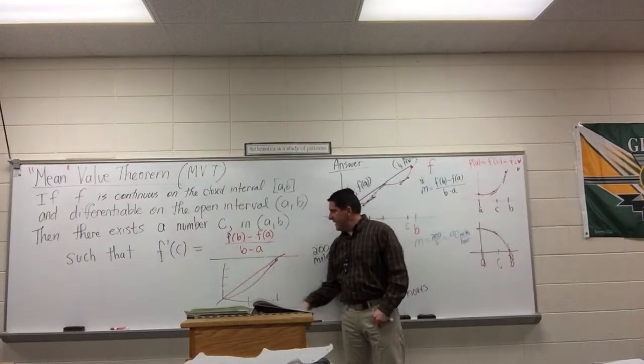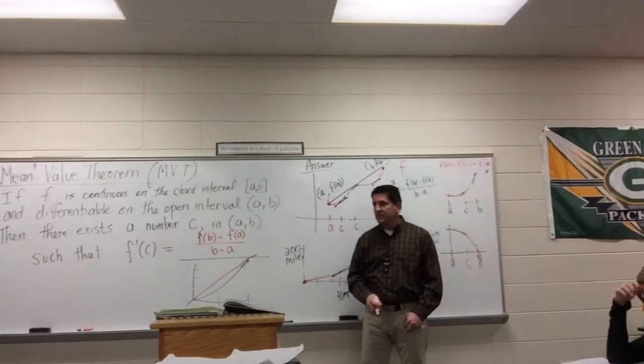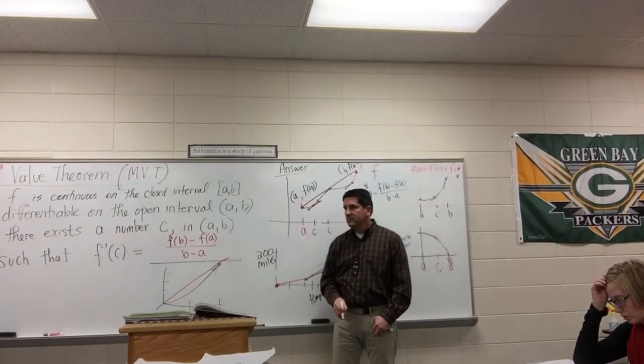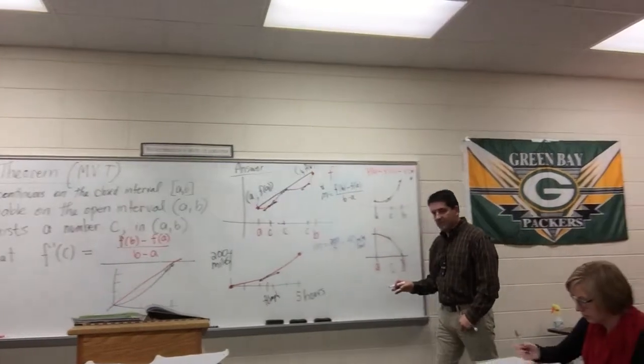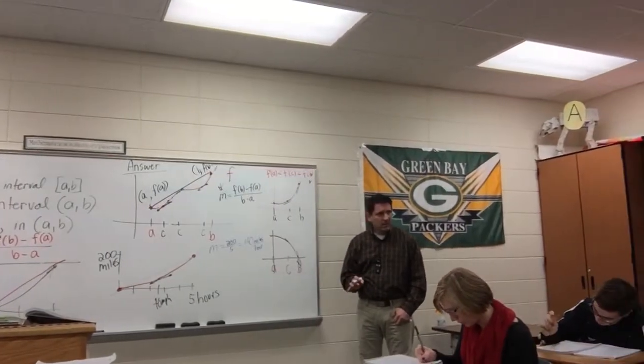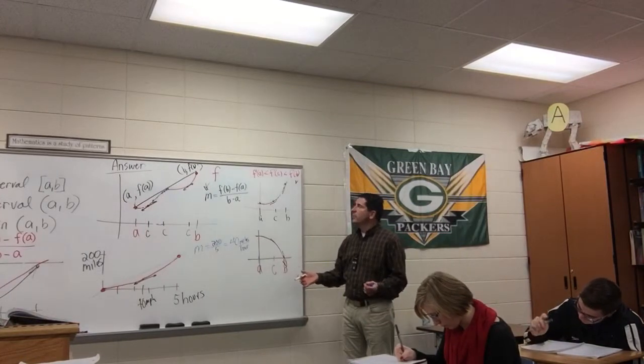That's the average speed. At some point, the rocket has to be going the average. This is what mean value theorem says. Does that make sense? If you stop and think about it, it actually makes total sense.